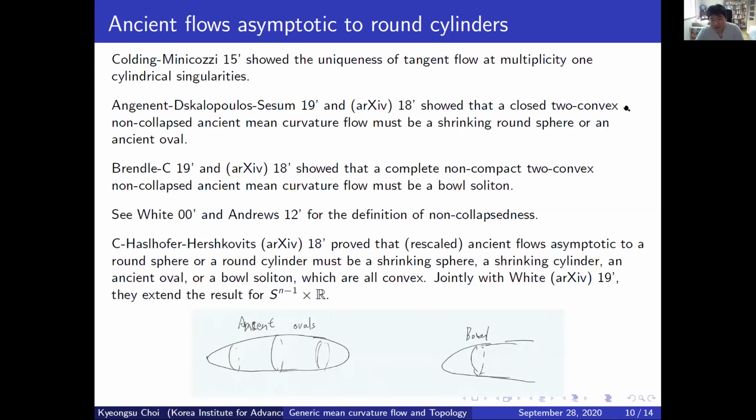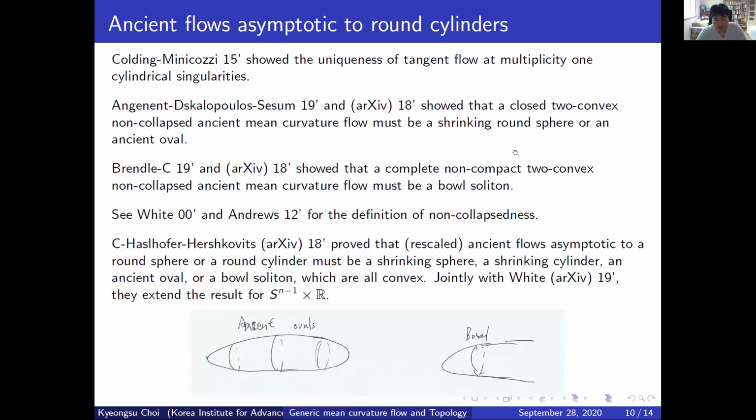So anyhow, for certain reasonable conditions on the singularity model, a convex closed ancient mean curvature flow must be a round sphere or an ancient oval. An ancient oval looks like this. It has a rotational symmetry, and the two ends look like a ball soliton, and as time goes back, it gets longer and longer, and the middle looks like a round cylinder, converging to a round cylinder.